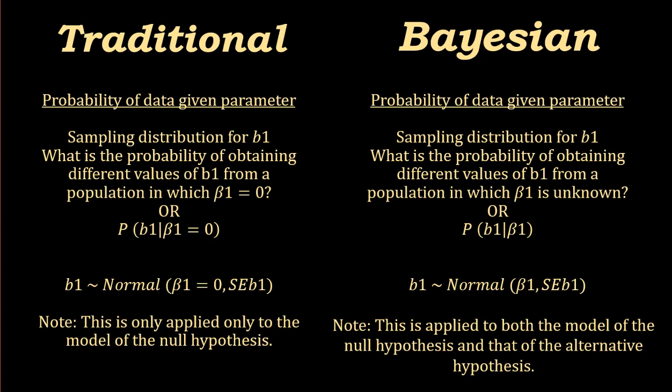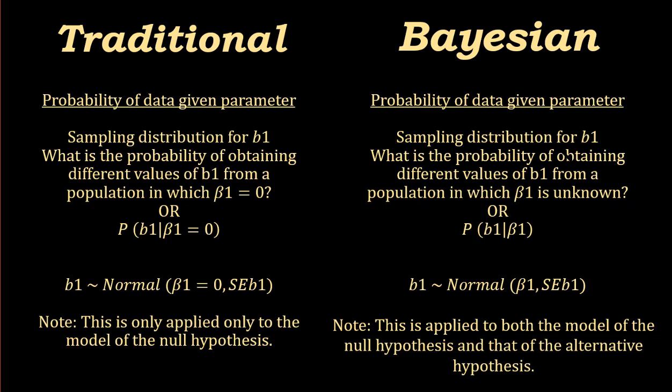So in the traditional method, the probability of data given the parameter is the sampling distribution for B1. And we want to know what is the probability of obtaining different values of B1 from a population in which beta 1 is 0, or more formally, the probability of B1 given that beta 1 equals 0.